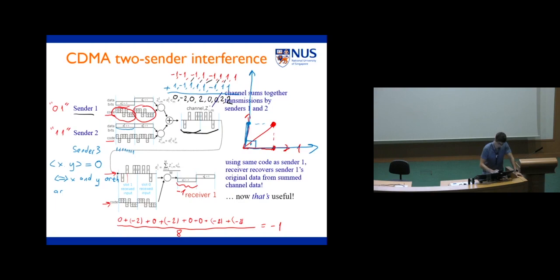So in this case, you would multiply these, and what you get in the end is 0. You have to do this with both senders. That means sender 3's chipping sequence is orthogonal with both sender 1's and sender 2's chipping sequences. So you can use these chipping sequences to communicate with the same receiver.